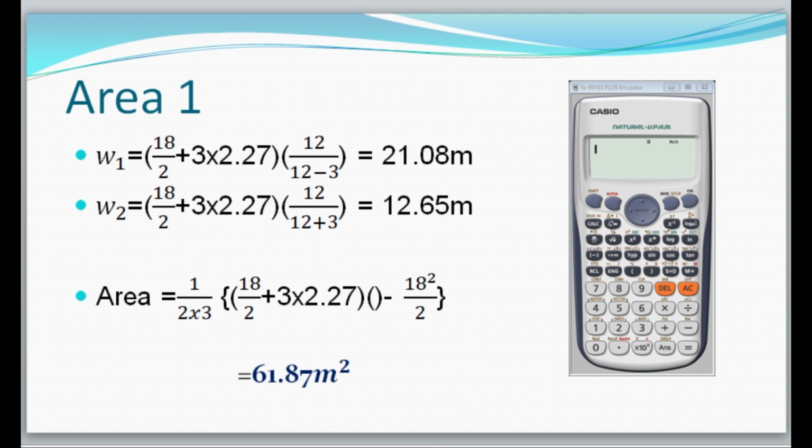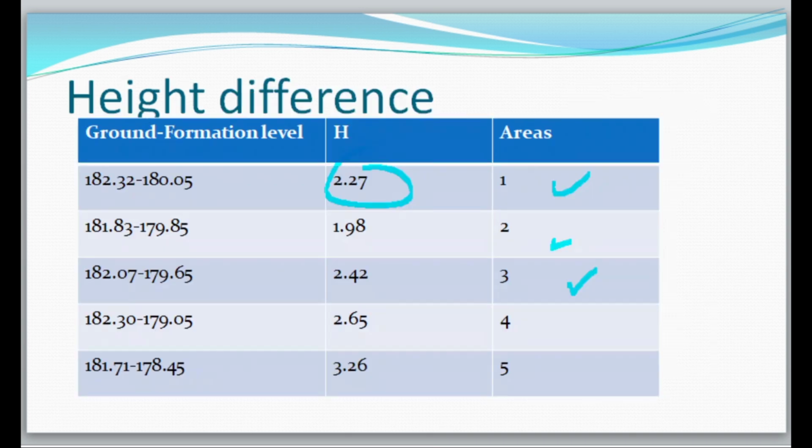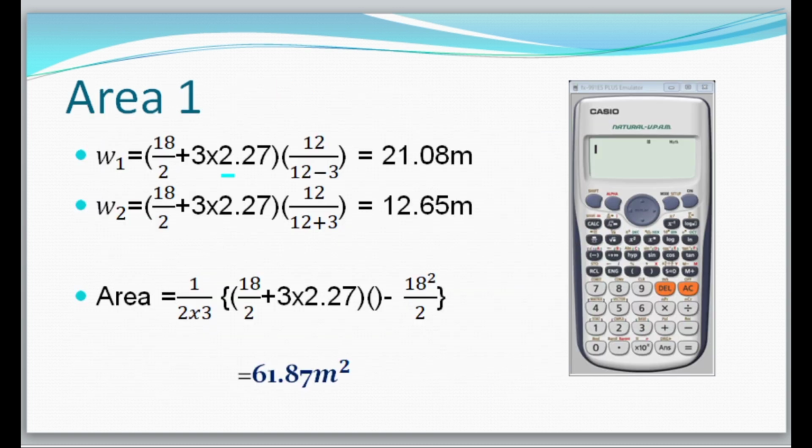So this is the first one that I have done. So the side width is equals to 18 over 2 plus 3 multiplied by the H gotten here. So you can see there. So that is the first one. Then multiplied by 12 over 12 minus 3, so this is k over k minus m.